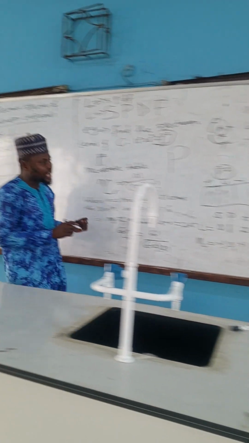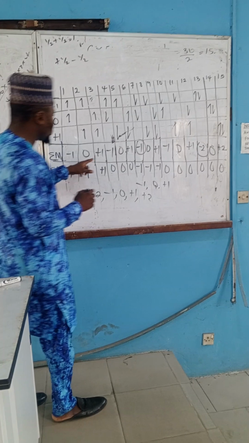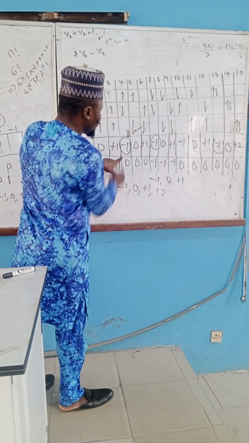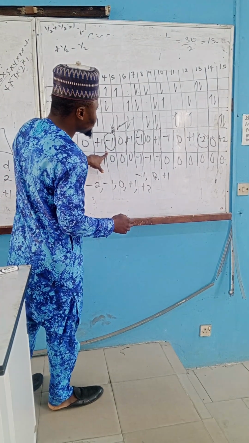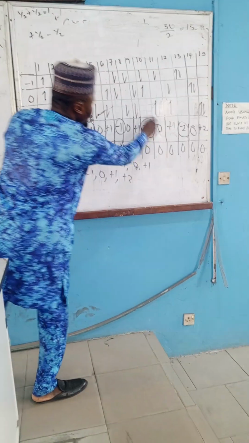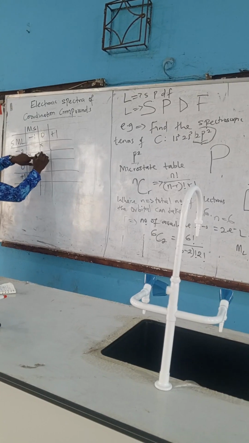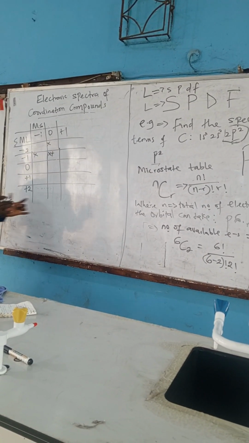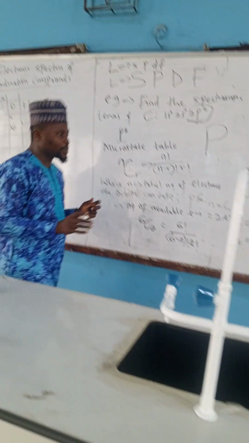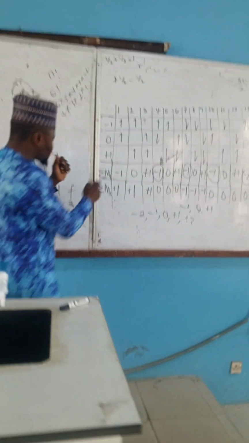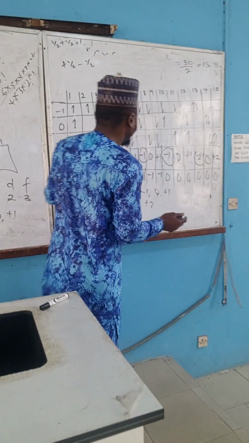Minus 1 against 0. We have this. Minus 1 against 0. The second one has to be another sign so that you can classify it properly. We have minus 1 against plus 1, just 1.